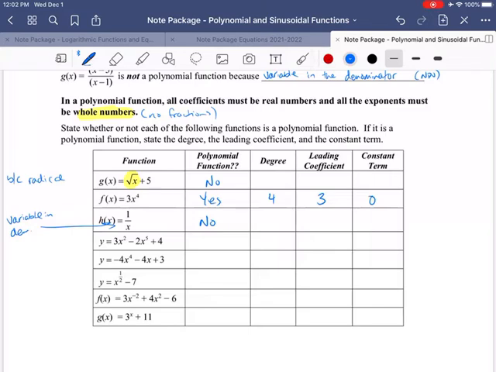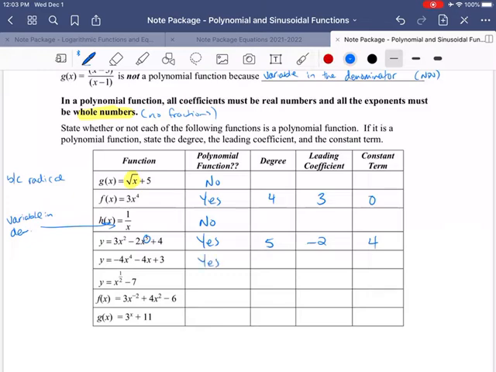The next one is a function. It's not a quadratic function. The degree is 5. Okay, 5 is more than 2, so the degree is 5. The leading coefficient then is not going to be 3, it's going to be negative 2, because that goes with the highest exponent. And the constant, we do have a constant in this, it's 4. How about the next one?